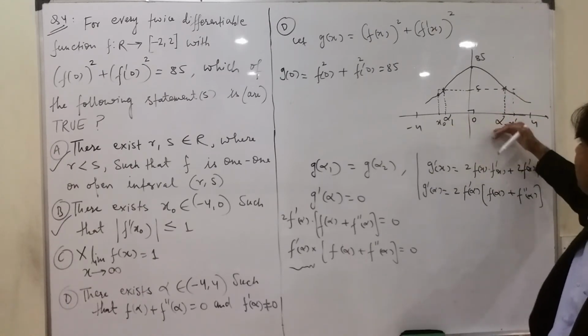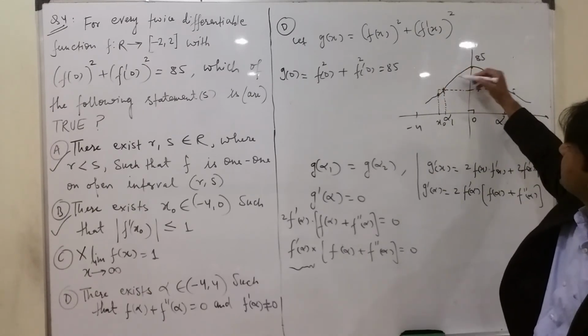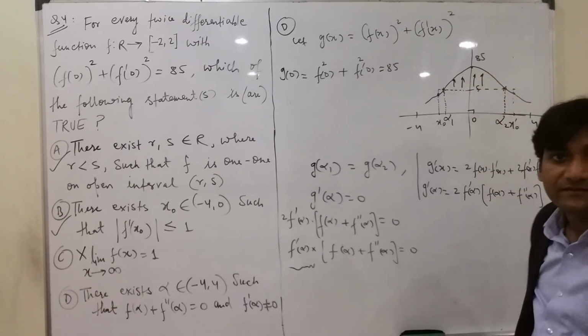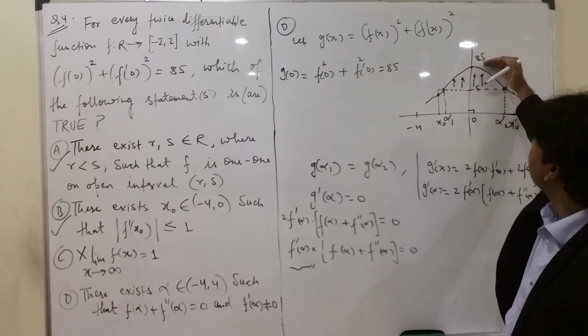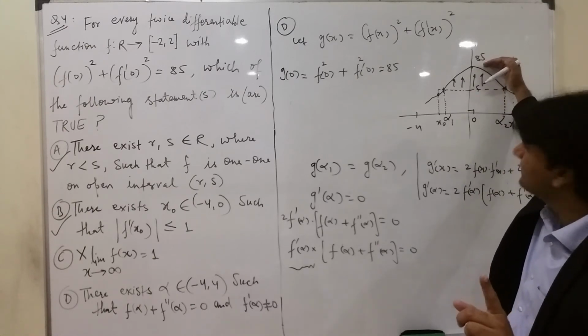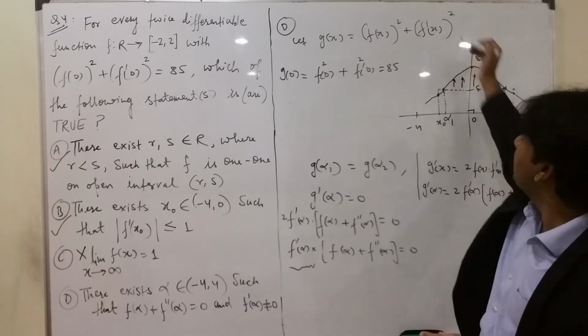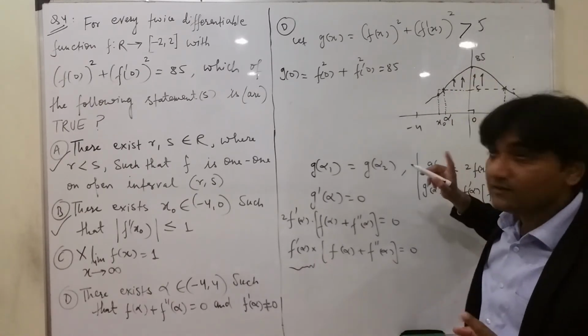Between alpha 1 and alpha 2, g(x) is always greater than 5. This is above 5 from here to here, so I will write greater than 5.